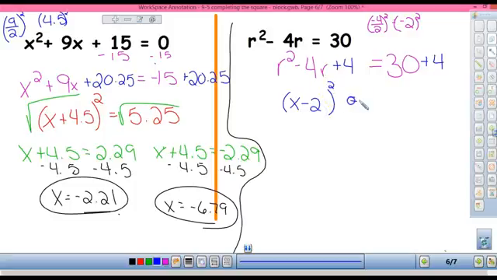Equals 34. Why was it minus 2 this time? Because it's a minus 4 in there, but also look at what we got when we took b divided by 2. We got a negative 2. So that tells us that it's going to be a minus 2. If I have a positive 2, then it would be a plus 2. Does that make sense?